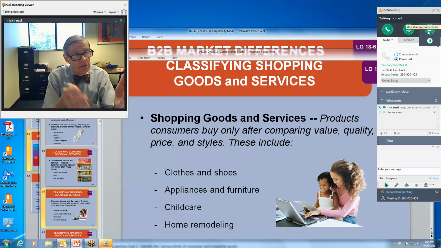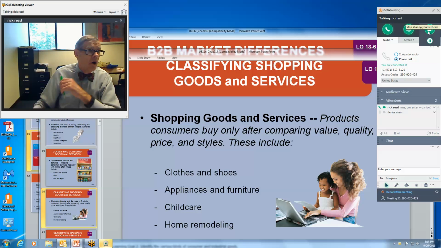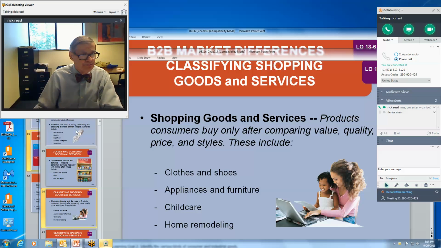And here's the laundry list of things that fall into this category: clothes, appliances, furniture, home remodeling, things of that nature.